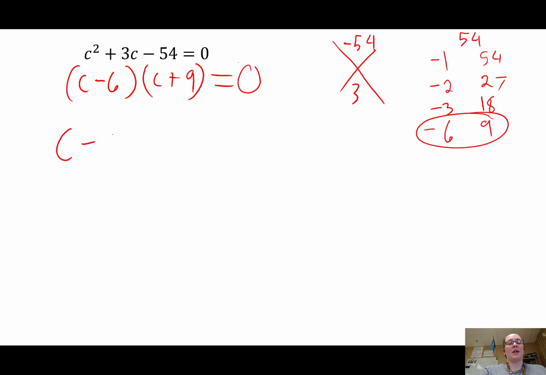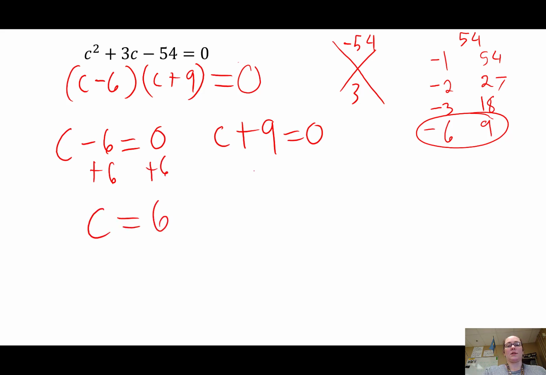So we either get c minus 6 equals 0 or c plus 9 equals 0. So adding the 6, I get c is equal to 6. Subtracting the 9, I get c is equal to negative 9. So c is either equal to 6 or c is equal to negative 9.